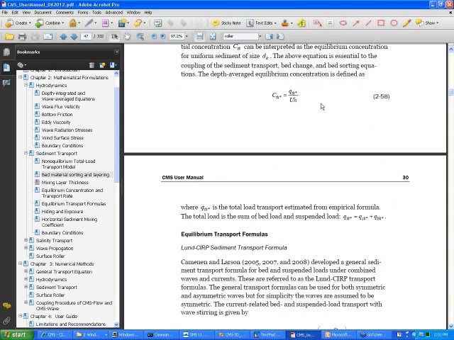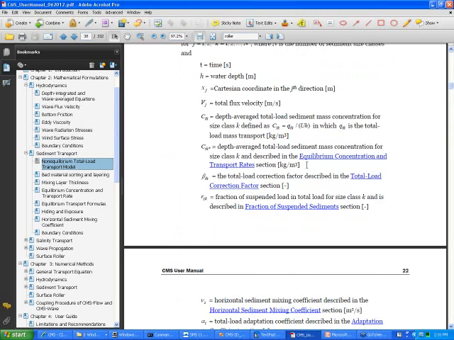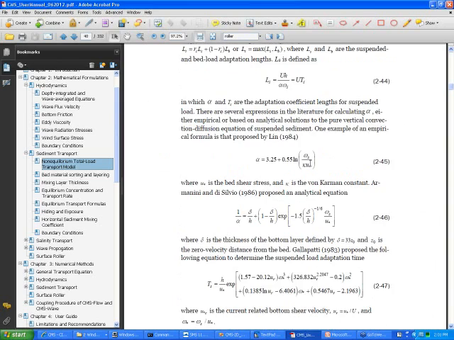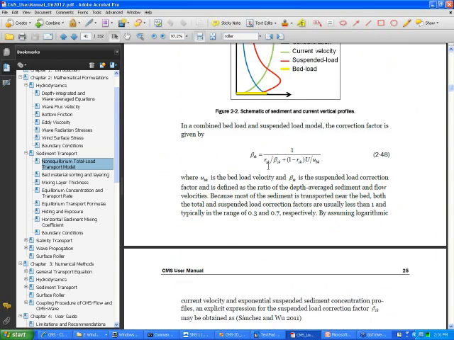Some people define it by just taking a simple vertical average of the concentration without including the current velocity in it. For example, let's go back to the non-equilibrium total load, the section that talks about the total load correction factor.